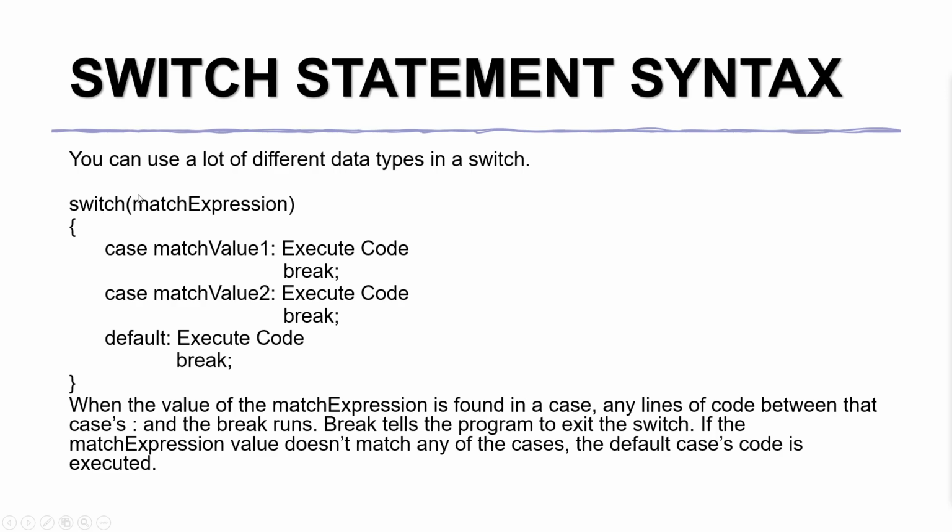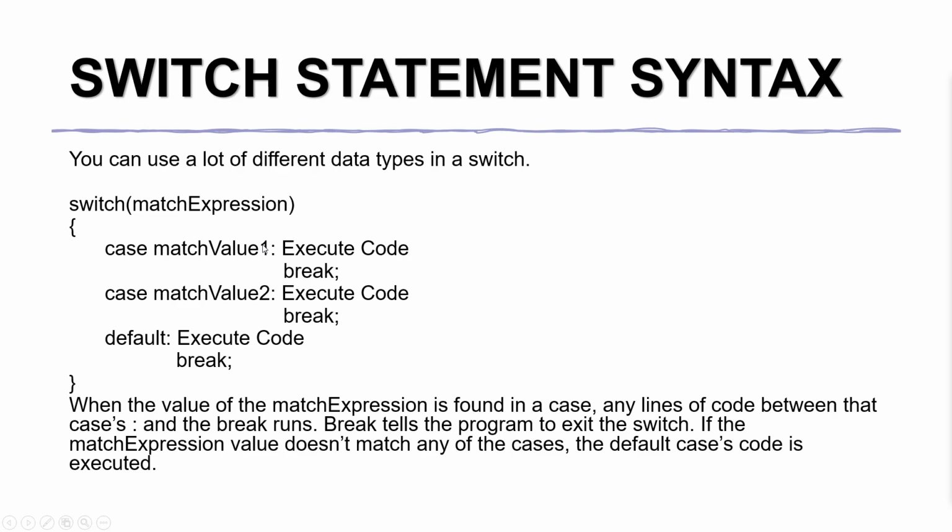So we have switch in our parentheses. We say what variable are we looking at? What are we checking here? And then we have our open and close curly braces, and between those we have our cases. So we write case, and then what value.